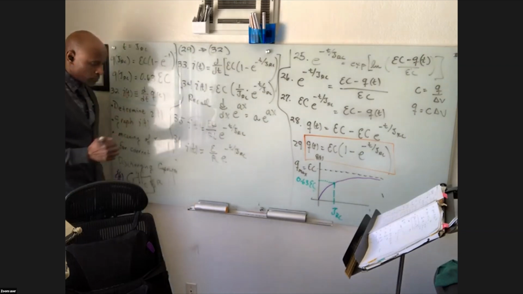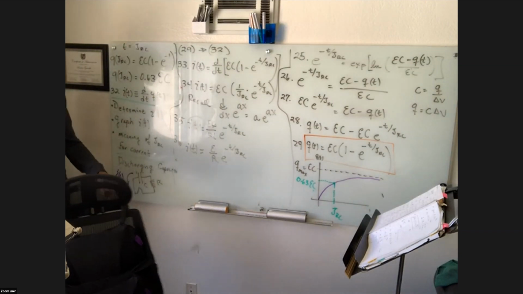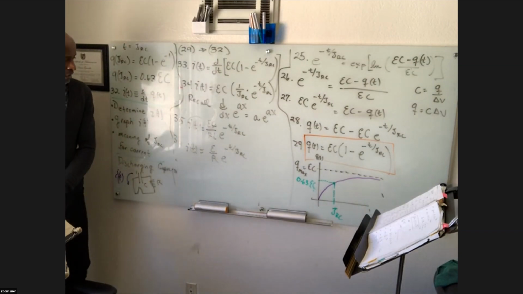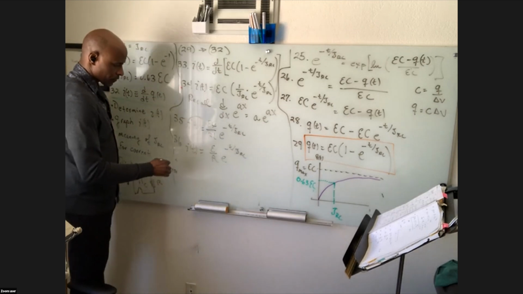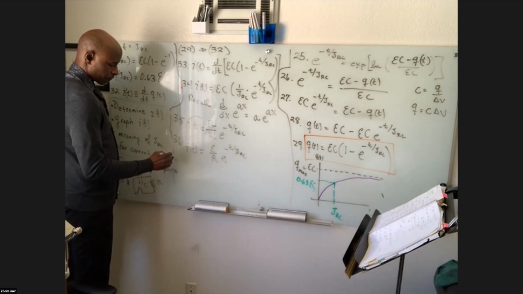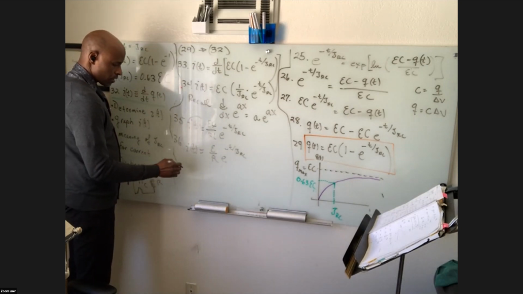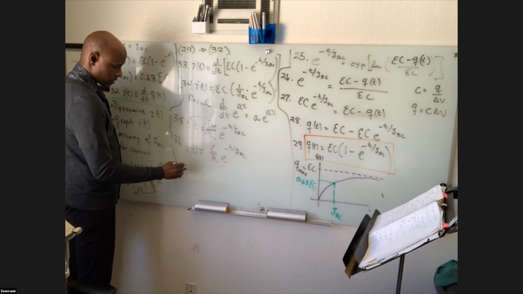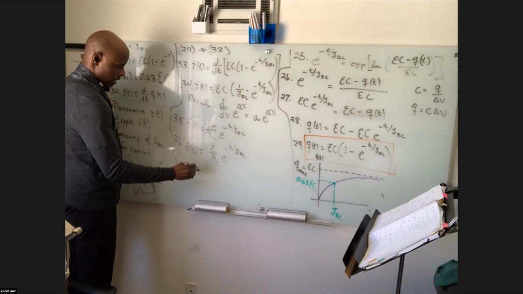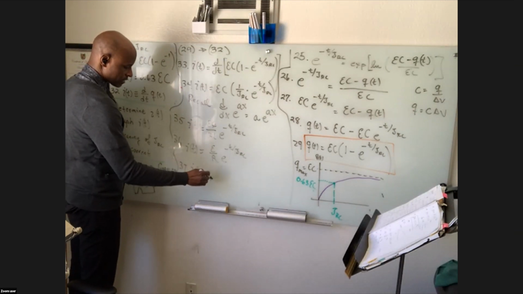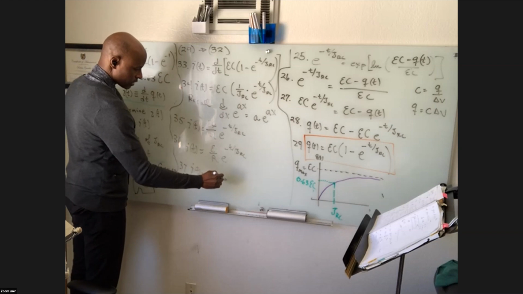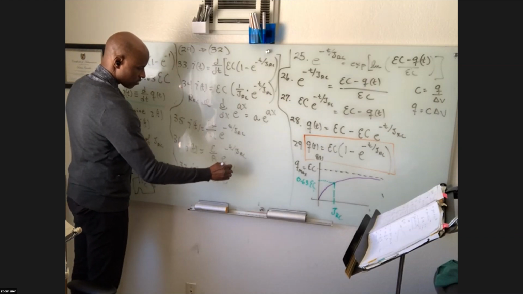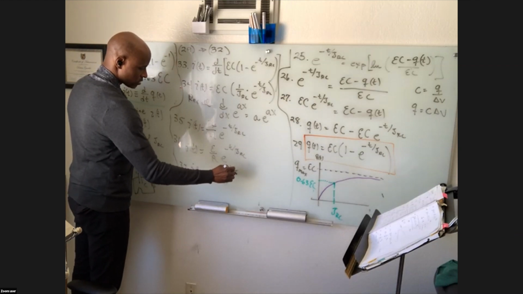Now, you can define E over R as the maximum current, and that just comes out of Ohm's law, right? This E over R has units of current. So sometimes you see this written as I of t is equal to I max times e to the minus t over tau RC.